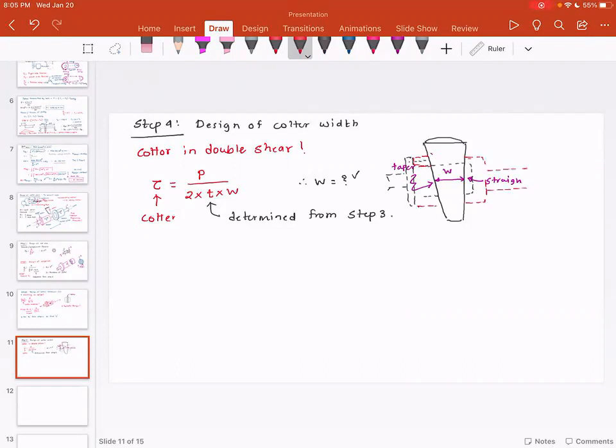So you have the socket on the right hand side, you have the spigot on the left hand side, and the shear failure is occurring here and here. So these two widths are clearly different than W.